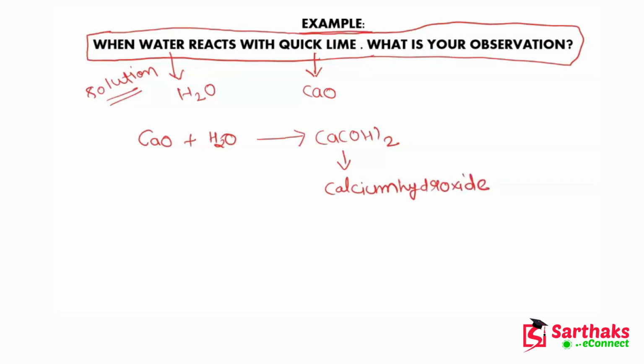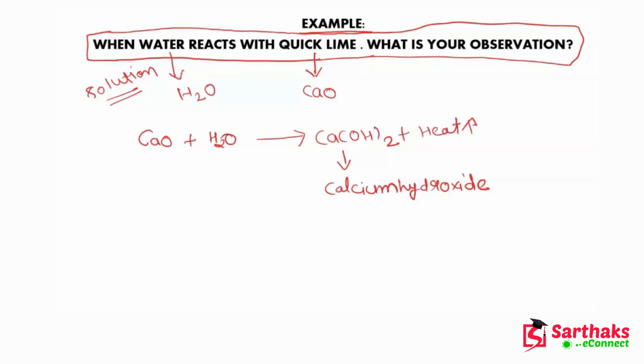Okay, but he is asking what is your observation? So guys, when you carry out this reaction, what will happen? Heat is evolved, because this is a type of exothermic reaction. Exothermic or endothermic? Exothermic reaction. Why? Because heat is evolved. Okay, guys. So what is our observation?